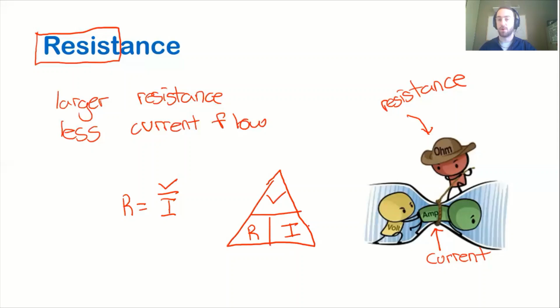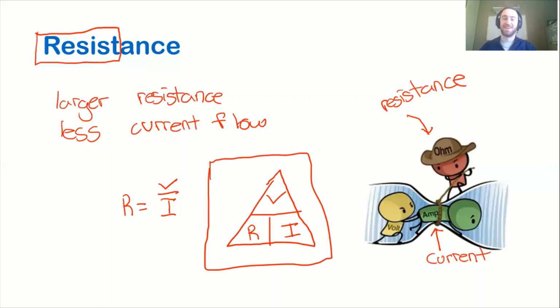Meaning if we were looking for current, it's simply voltage over resistance. If we were looking for voltage, it's simply resistance times our current, right? So this is another little triangle that we could add to our collection of little triangles in helping us solve for various electrical questions.